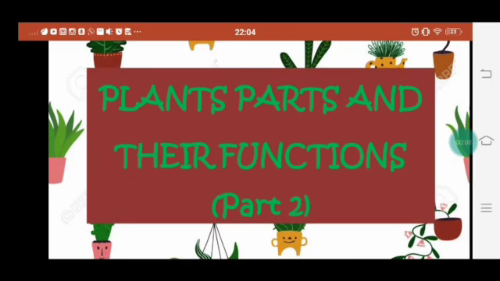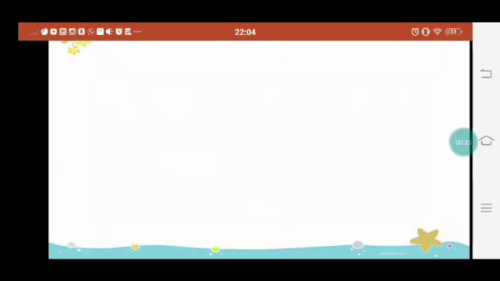For today, we will continue our topic, the second section about the plants part and their function. So we study part 2 from unit 2 about the plants part and their function. Last week we discussed the plants part.